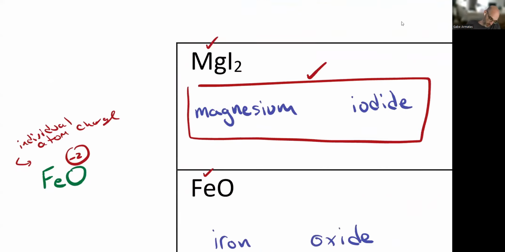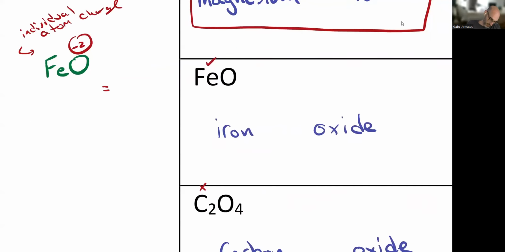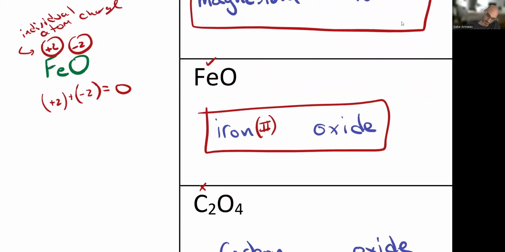The whole thing is neutral, as all of these are, so it's going to be equal to 0. I have oxygen at -2. What does the iron have to be in order to make sure this whole thing is neutral? Iron is +2 in this case. So iron 2 oxide. There we go. This thing has been named because it's iron 2 plus.